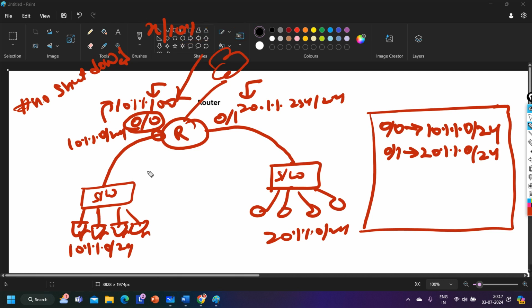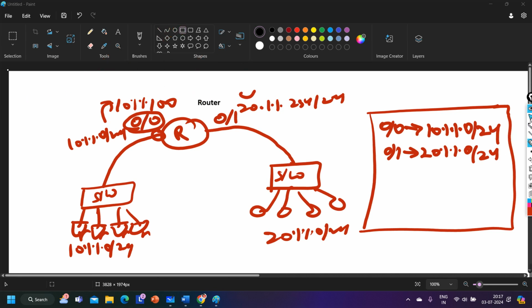Different network. Okay. Now let's say this PC's IP address is 10.1.1.1, and this PC's IP address is 20.1.1.1. 10.1 wants to communicate with 20.1.